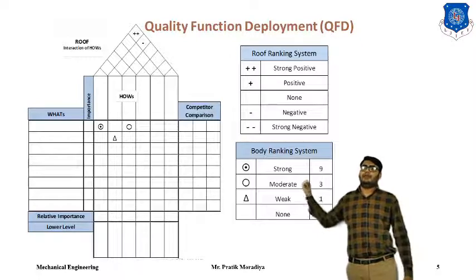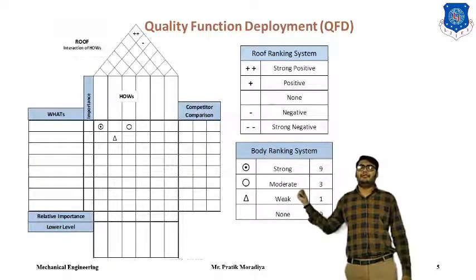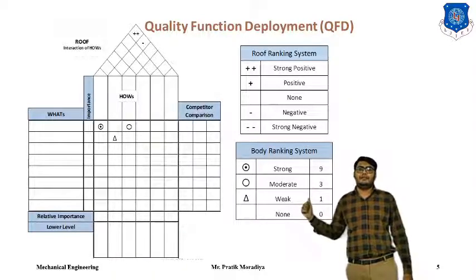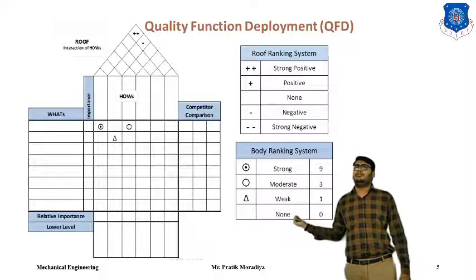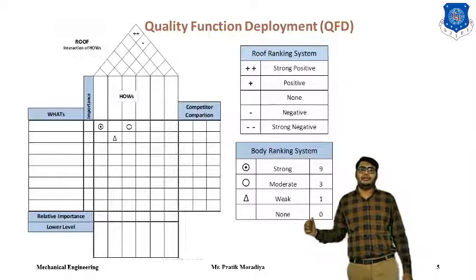We use a different symbol for strong relationship and we give a weight of 9 to it. We use a different symbol for medium relationship and we give a different weight for it. We use a different symbol for weak relation and a different weight, and we use no symbol for non-relationship and we assign 0 weight to it.